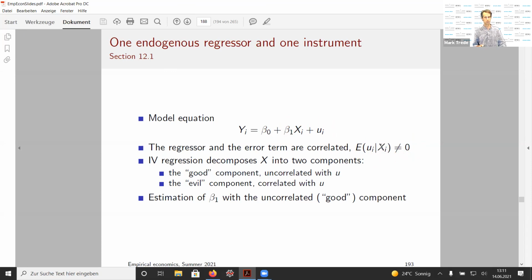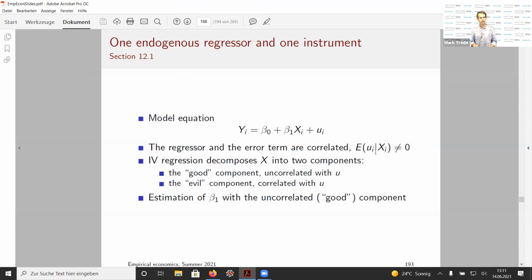So for instance, be positive for large values of x and negative for small values of x, or just the other way around. And in that case, assumption number 1 is violated, and we would get a wrong estimation, at least a wrong causal effect estimation for the regressor. Now, the main idea of instrumental variable regression is to decompose x, the regressor x, into two components.